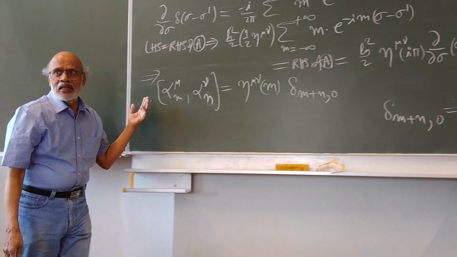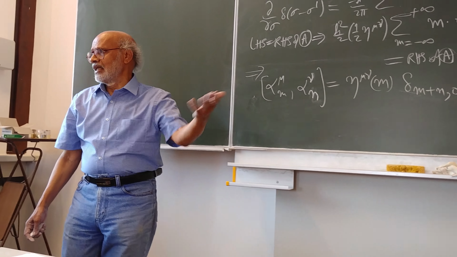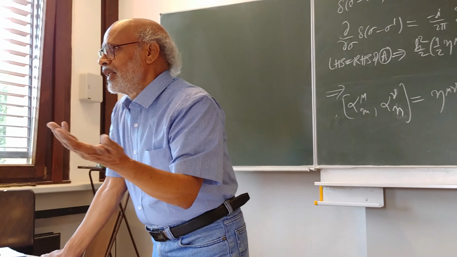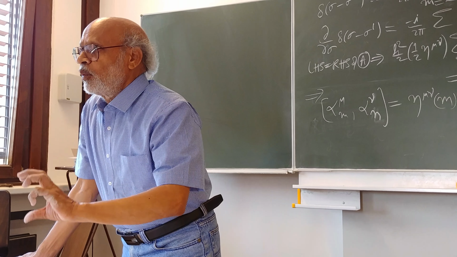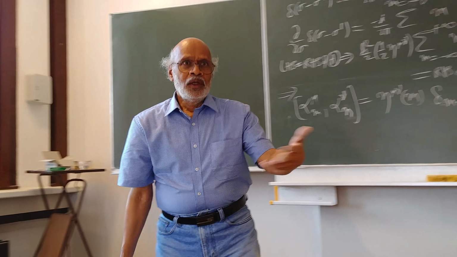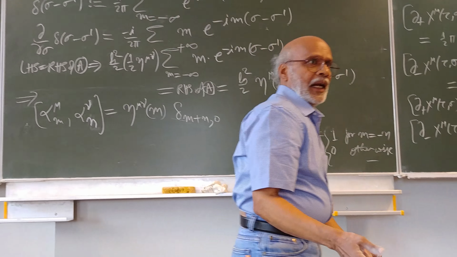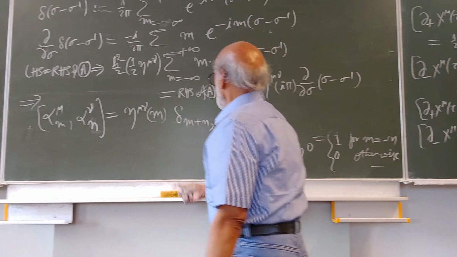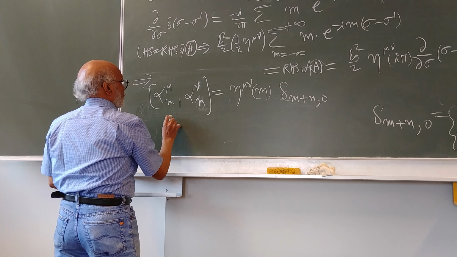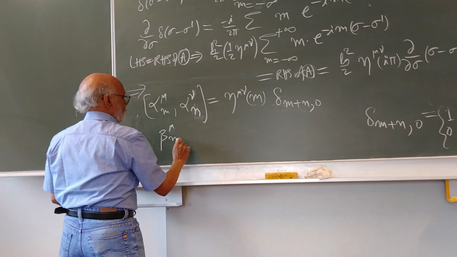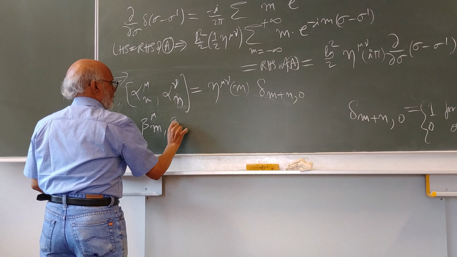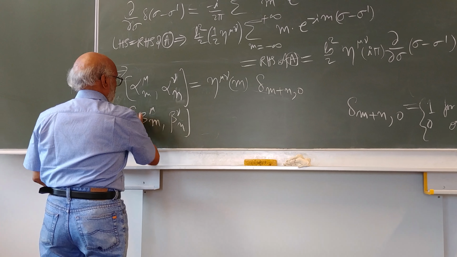So in the open string case, you see alpha and beta are related to each other. Alpha mu n is equal to plus or minus beta mu n. However, in the closed string case, alpha mu n and beta mu n stay different. And so for the closed string, you would have additionally beta mu m, beta mu n.